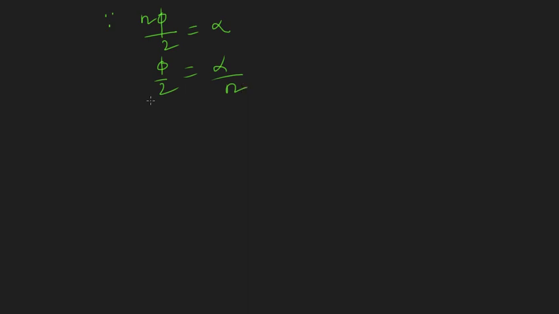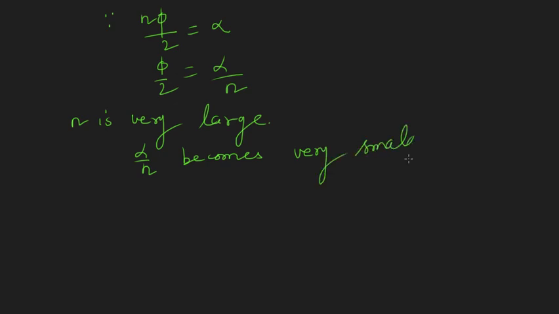But in general, n is very large. The slit is made up of an infinite number of parts. Now, when I take n very large, alpha by n becomes very small, so alpha by n is very much less than 1.